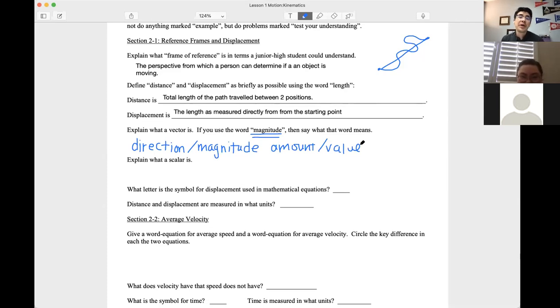With scalars, we don't care if it's positive or negative. We don't care if it's up, down, left, or right. A scalar is just the amount, like 10 meters per second, 5 seconds. We don't care where it's going. So a vector is the amount with a direction, and a scalar is just the amount. A lot of times a question will say just the magnitude.